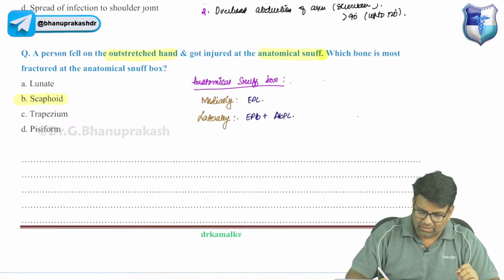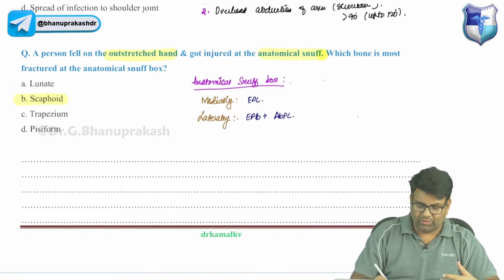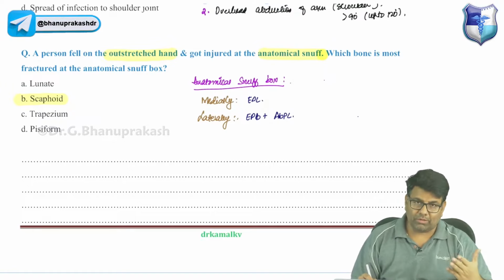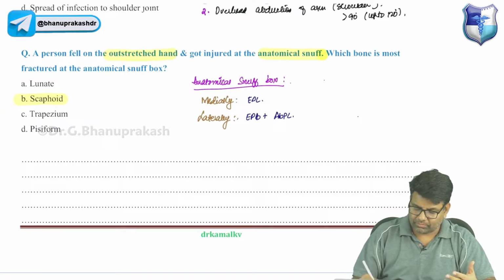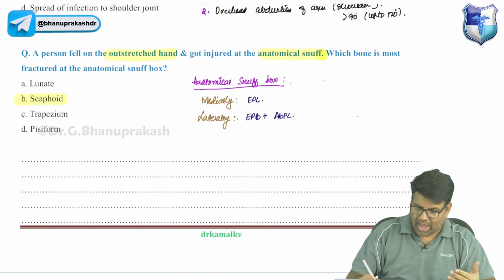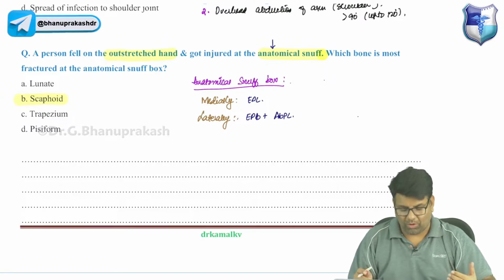And why do we teach so much about the anatomical snuff box? Because whenever the patient has a push injury, a fall on an outstretched hand, there might be a fracture of the scaphoid, and that presents as tenderness in the anatomical snuff box.